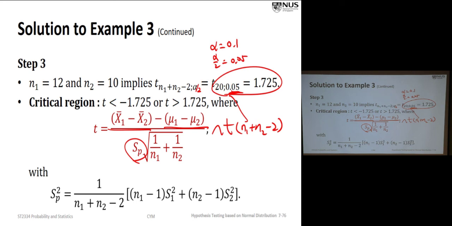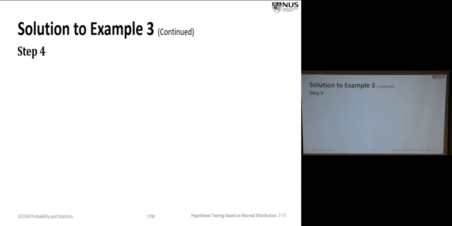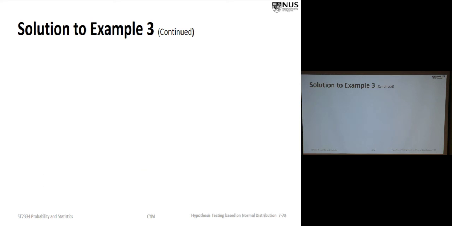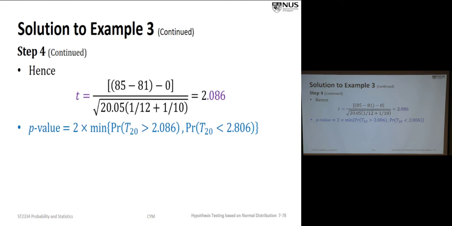So this is the pooled variance, and based on the data, we calculate the pooled variance as 20.05. And finally, we got our test statistic, 2.08. Another typo here: this should be 2.086.